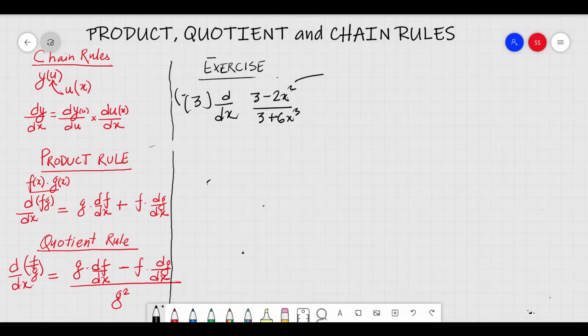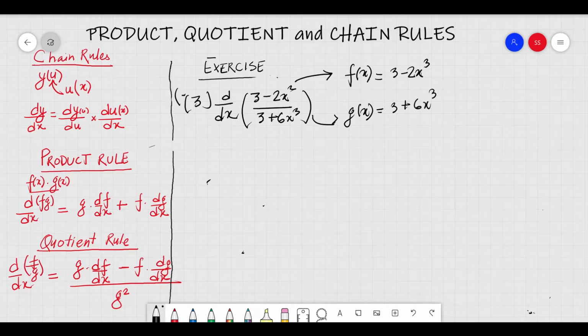So what we can say here is that the numerator function is f(x), which is equal to 3 minus 2x cubed, and the denominator function is g(x), which is equal to 3 plus 6x cubed. Then we can easily apply the quotient rule, where it says that if we need to find the derivative of f by g with respect to x, then it will be equal to g times df by dx minus f times dg by dx, divided by g squared.